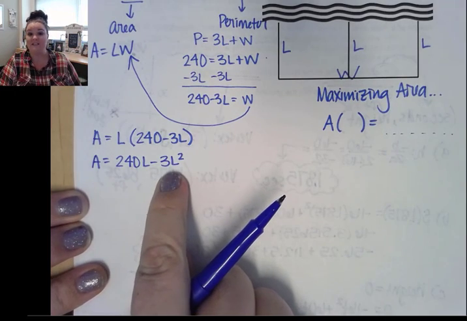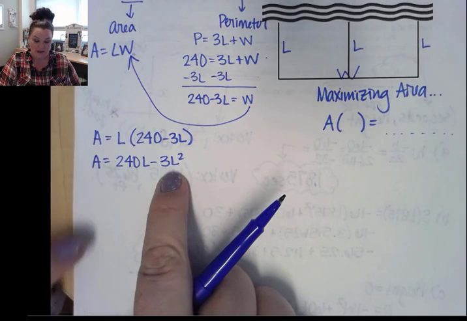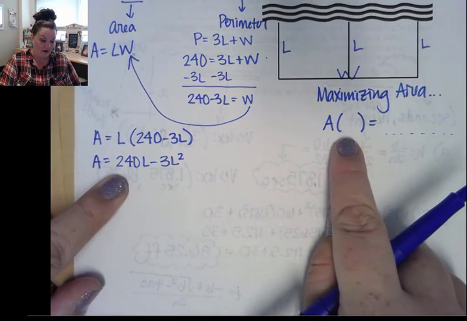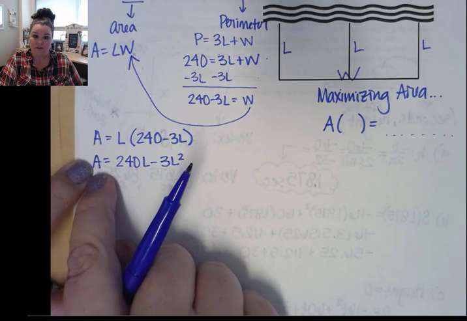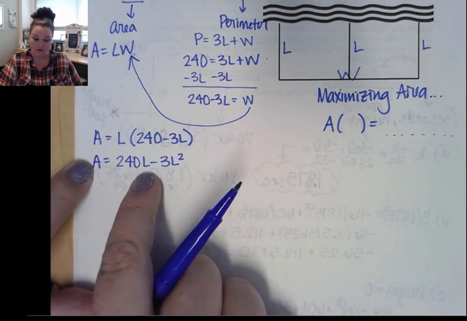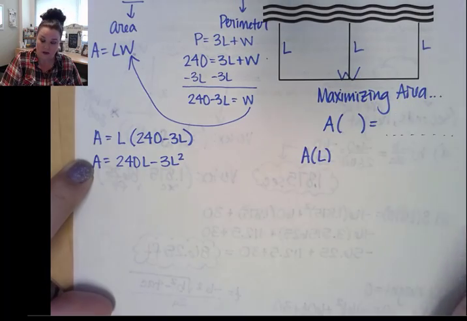Now we have a squared function, or a squared relationship. So now I can go ahead and write my area formula. Area is what we get out, and what we're putting in is L. So this is an area function given the length L.